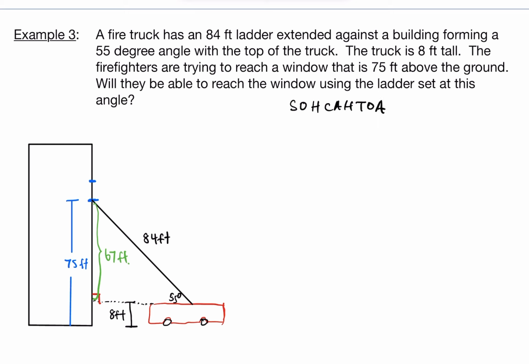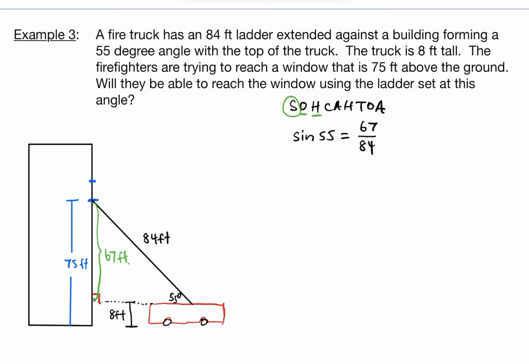We are looking for opposite and hypotenuse, so we're going to be dealing with a sine function. The sine of 55 is going to be the ratio of 67 over 84.